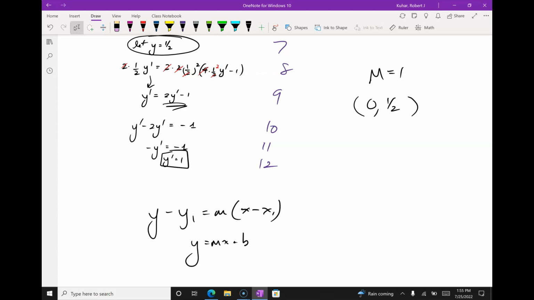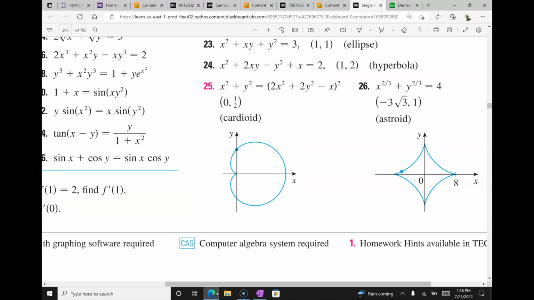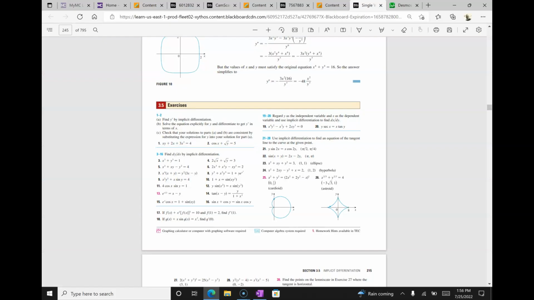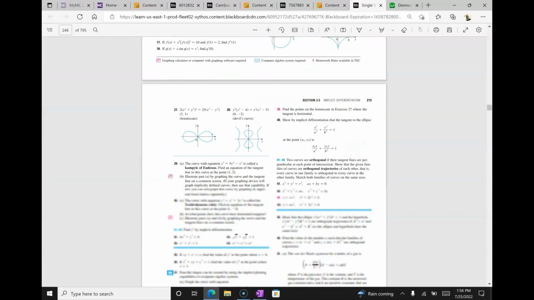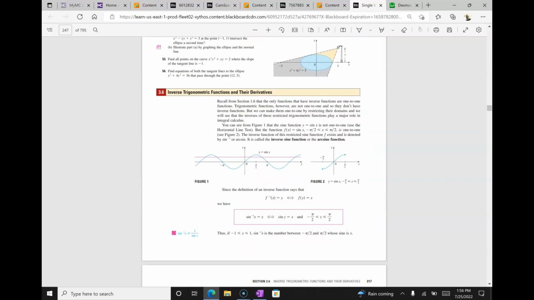We're doing inverse trigs today. So it's a tough section if you haven't been in pre-cal in a while. Please read section 3.6 in its entirety. 3.6 is inverse trig functions.